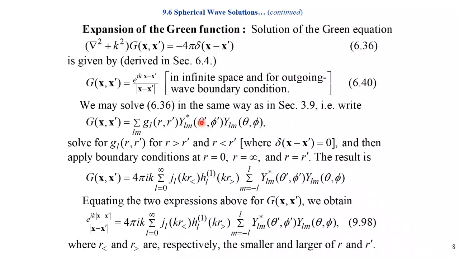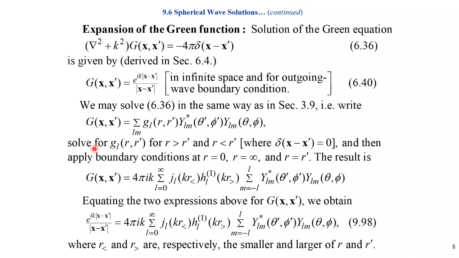Because of the theta dependence and phi dependence, we can use spherical harmonics, Y_lm(theta prime, phi prime) times Y_lm(theta, phi). G_l is a function of r and r prime, and G_l can be determined from the boundary conditions. Okay, quite similar to section 3.9.